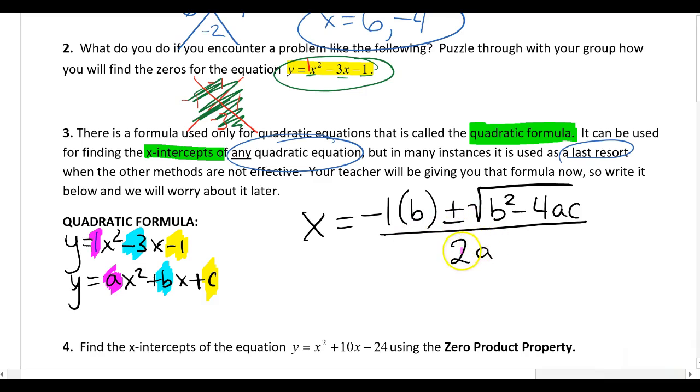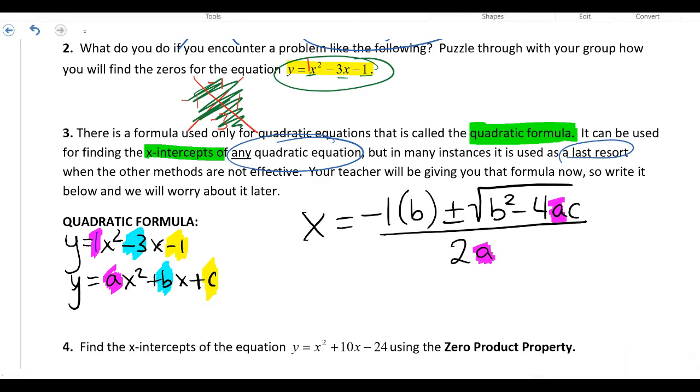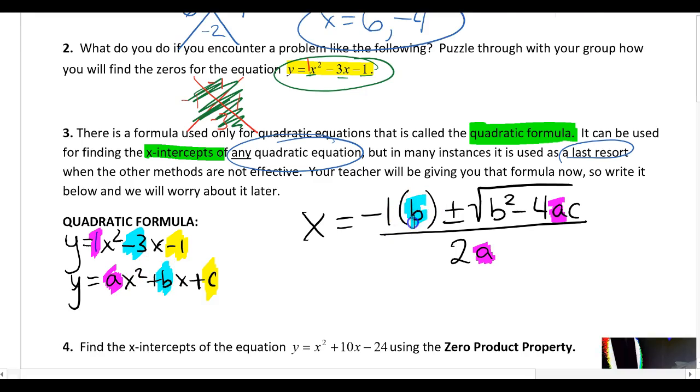Our A, remember, was 1. So here's the A, here's another A, the same letter we were talking about on the left. Then here's our B, it's here and here. It's multiplied times negative 1 and it's squared.